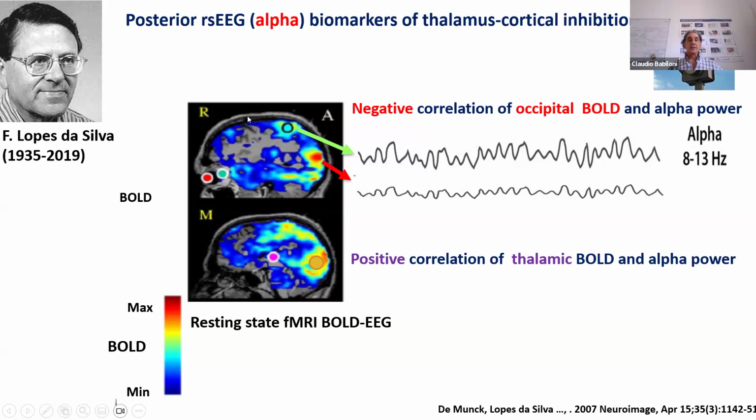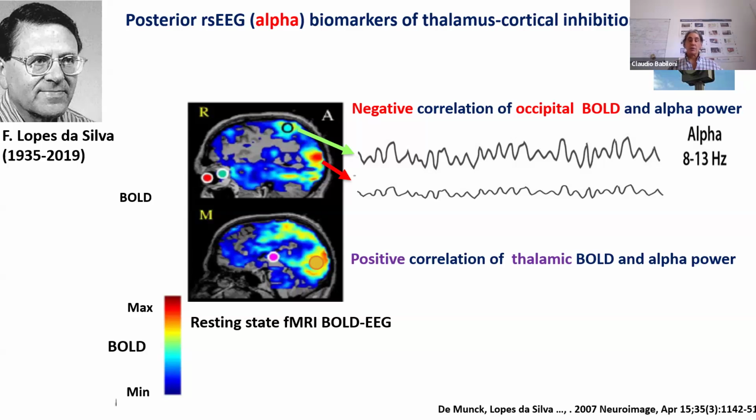You see that in the magnetic resonance imaging, the bold signal indicates the ratio between oxygenated blood and deoxygenated blood, particularly oxygenated hemoglobin in red blood cells and deoxygenated hemoglobin in the red cells.